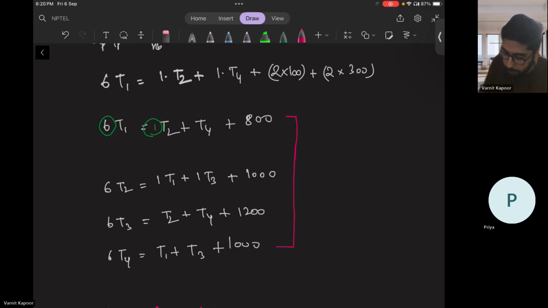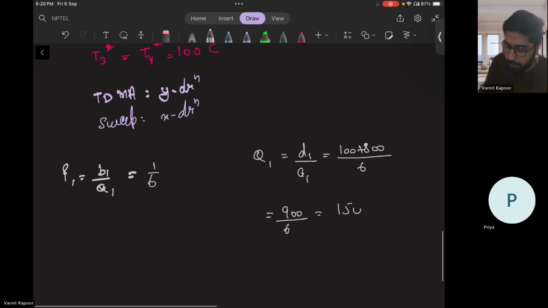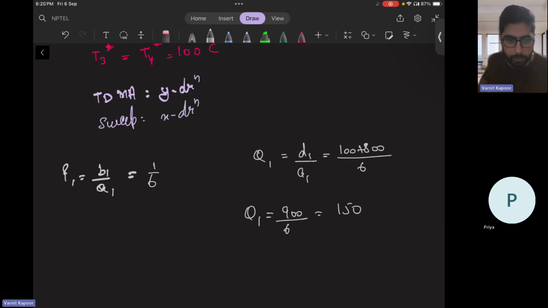Because we have assumed that T4 star here is 100 degrees Celsius, plus 800 will also be there. That completely gives you D1. 100 plus 800 by 6, 900 by 6, that is 150 is your Q1. You got P1 as well as Q1.